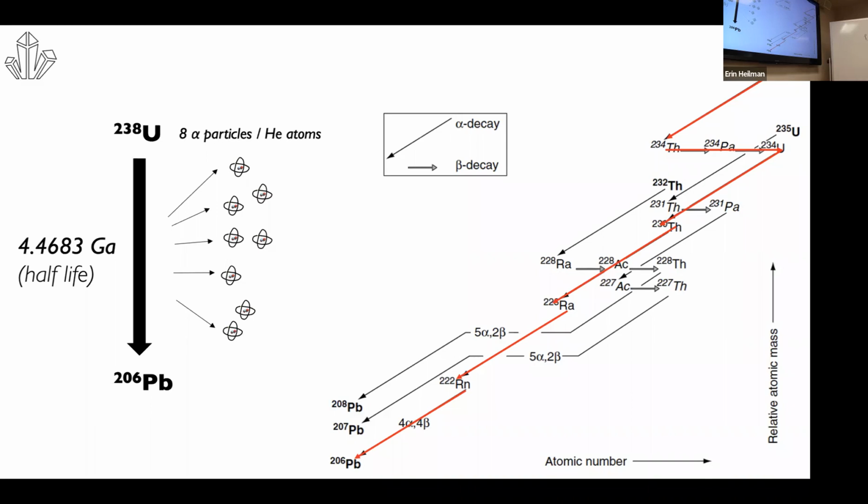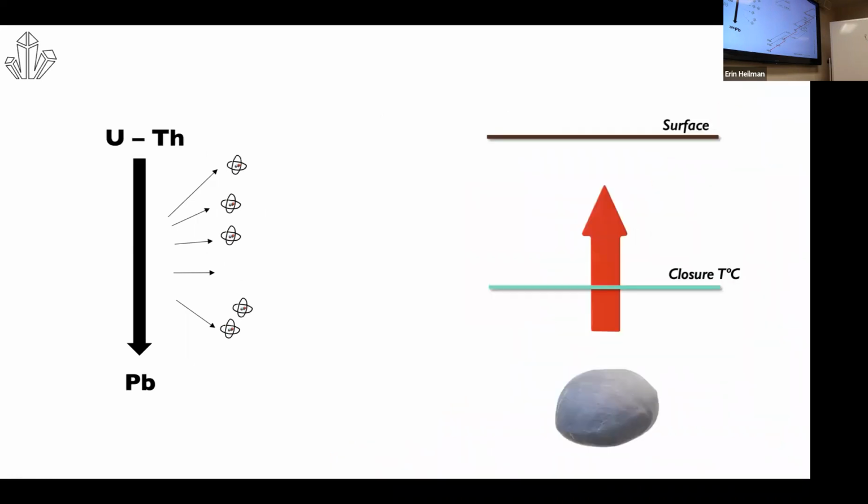And so we can figure out the age based on a relationship between those parents and what's produced, because the decay of uranium to lead occurs at a known rate, with a half-life of about 4.5 billion years. That's how long it takes for half of that uranium to go away. And to put it a little bit more simply, we can think about the decay of uranium and thorium to lead in terms of a closure temperature.